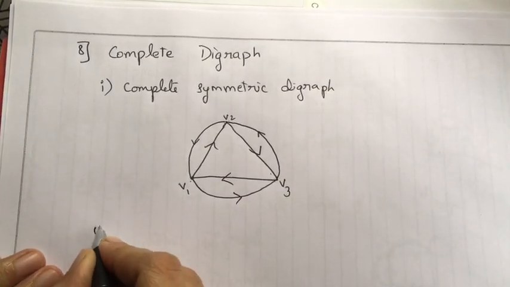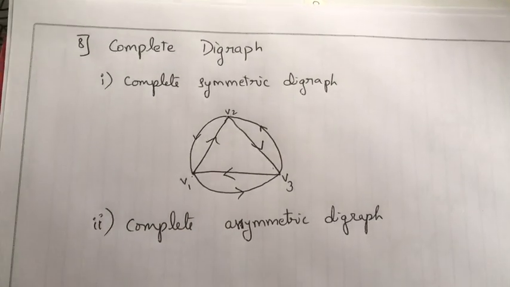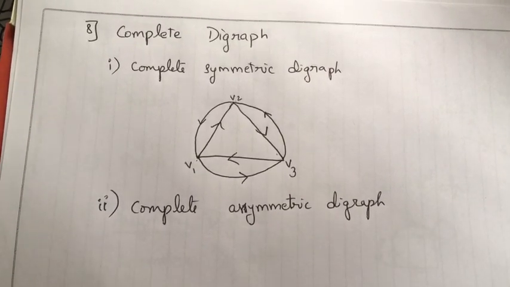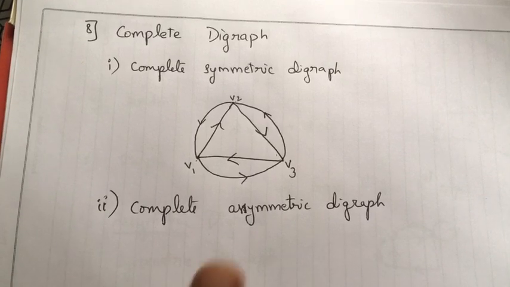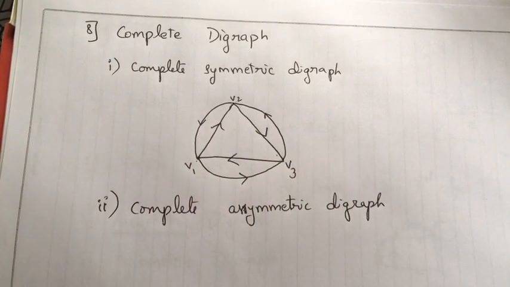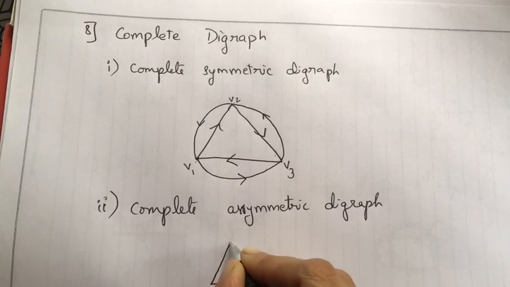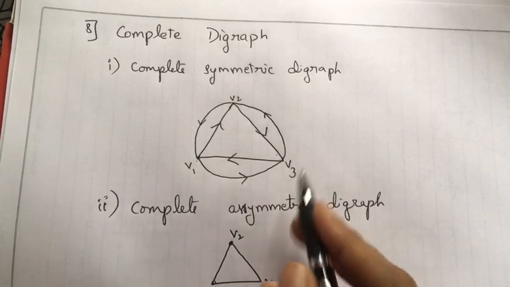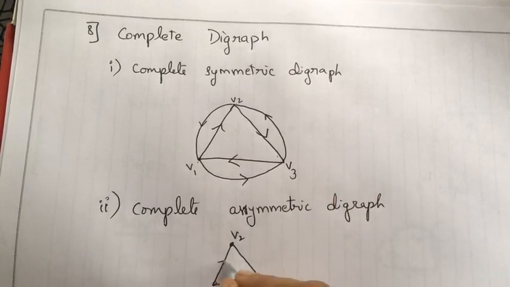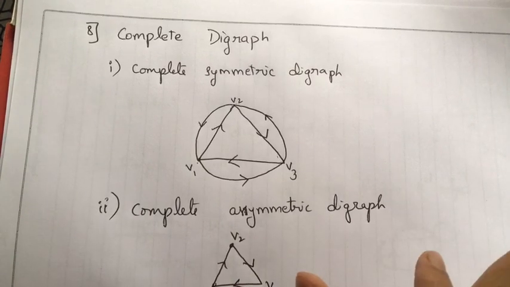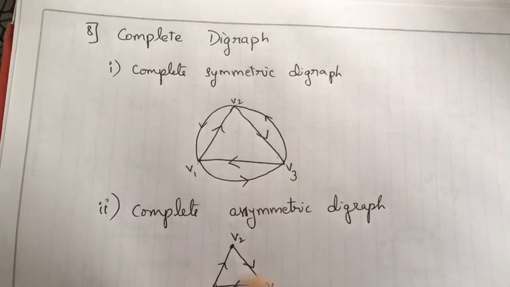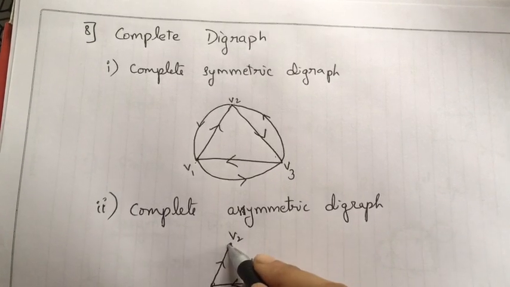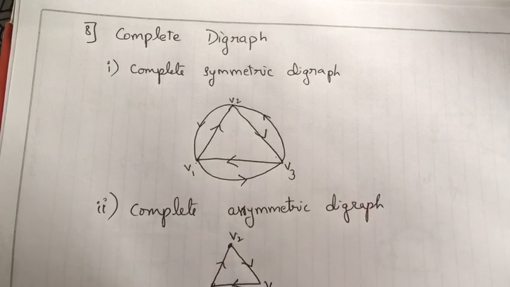But when I write complete asymmetric digraph, it is also a simple digraph, but in this case there is exactly one edge between a pair of vertices. I'll take the same graph, a graph on 3 vertices. This says simple graph, no parallel edges and no self loops, but there is exactly one edge between every pair of vertices.